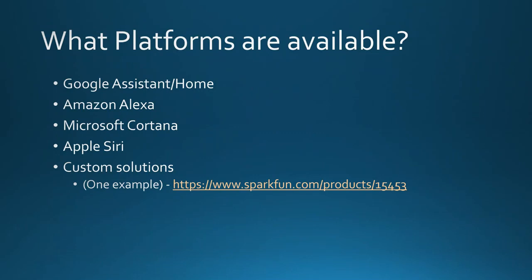I mentioned specifically, say, the vehicle manufacturers are each trying to do some of their own, but you're really not seeing that level of functionality that you do with the area leaders here. And really the top two right now are Google and Amazon, Google with their Assistant and Amazon with Alexa.